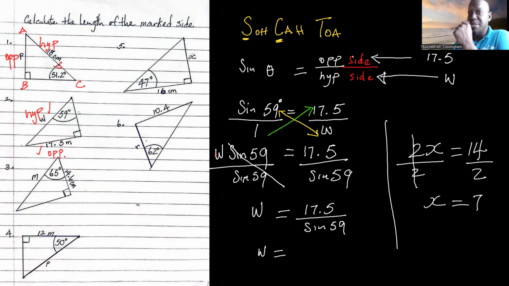Johansi, tell me how much is 17.5 divided by sine 59? Give me an answer to 1 decimal place.